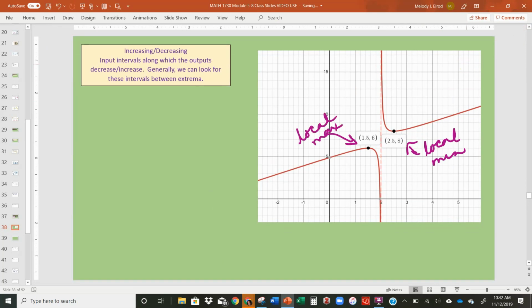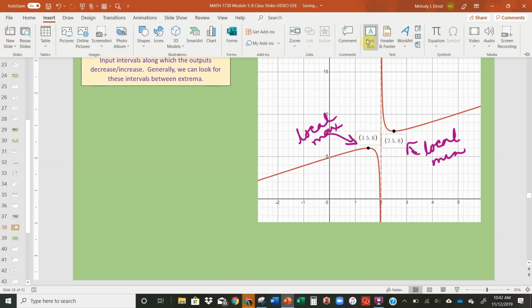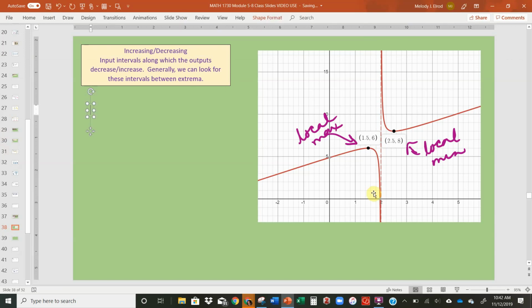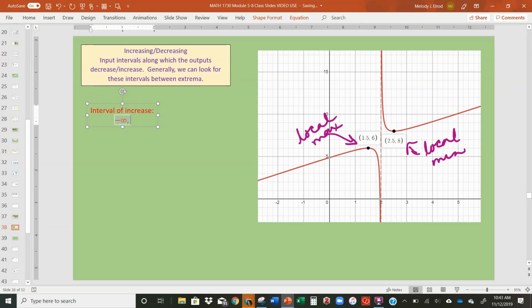And so we have an interval of increase that goes from negative infinity all the way to 1.5, because this is an input interval. So we're looking at the inputs that make this happen.